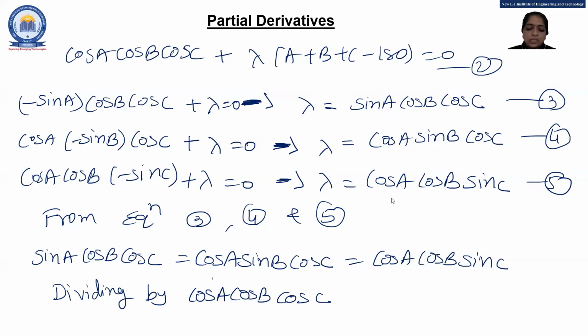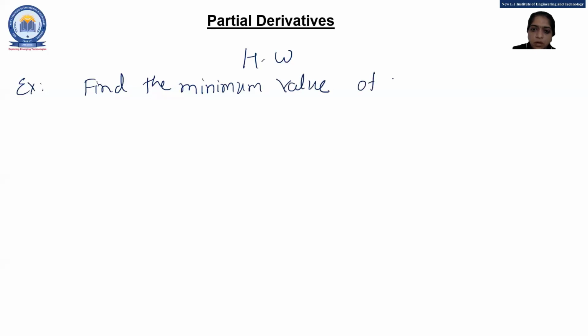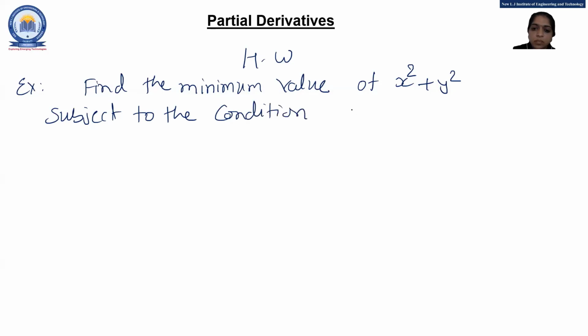So note down the examples. The first question is: find the minimum value of x square plus y square subject to the condition ax plus by equal to c.